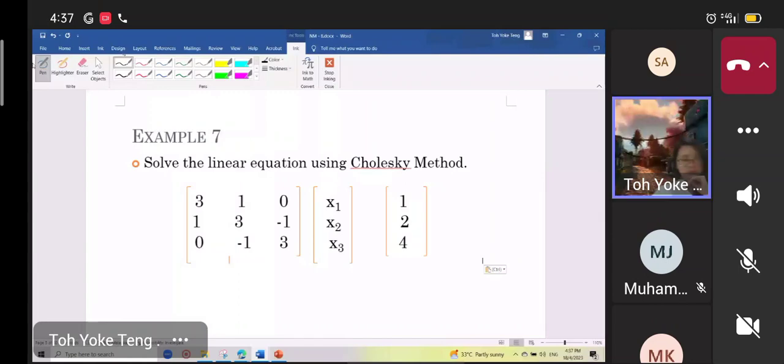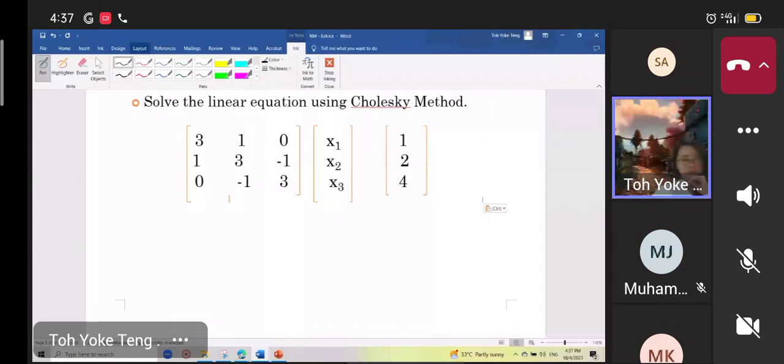The first thing is that you have to decompose it. So just the same thing, write it down.